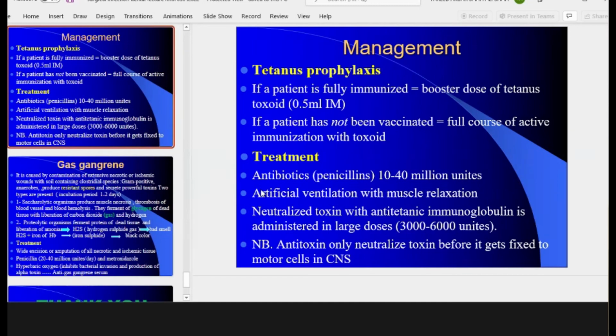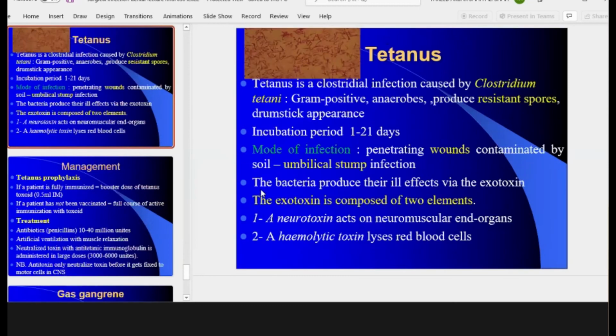Okay. All right. So the neutralized toxin with anti-tetanic immunoglobulin is also administered. And this is the Clostridium tetani, which is in the spore form, which is very dangerous.